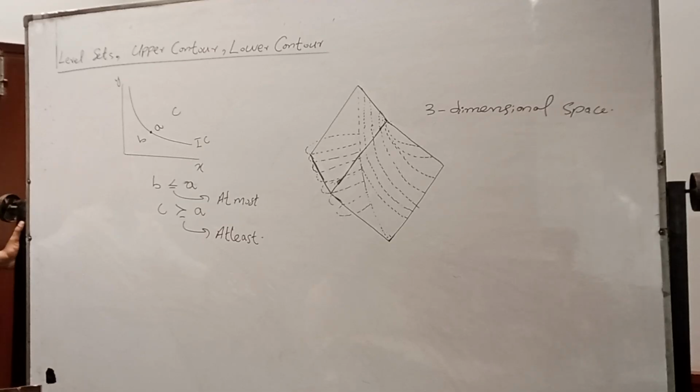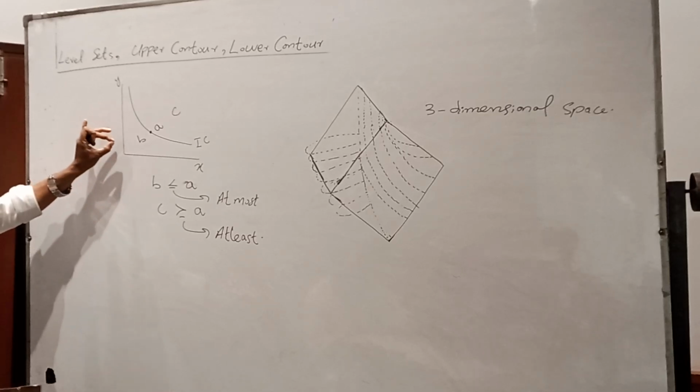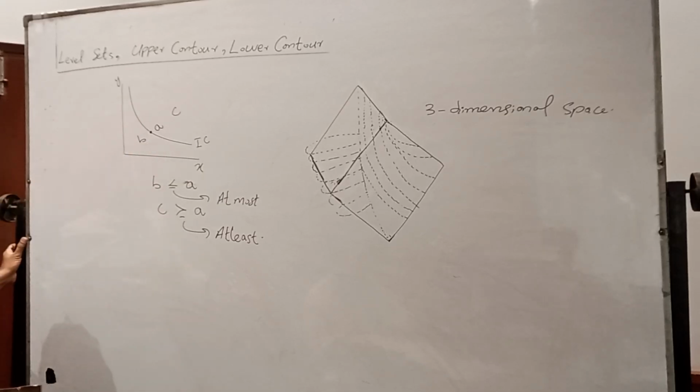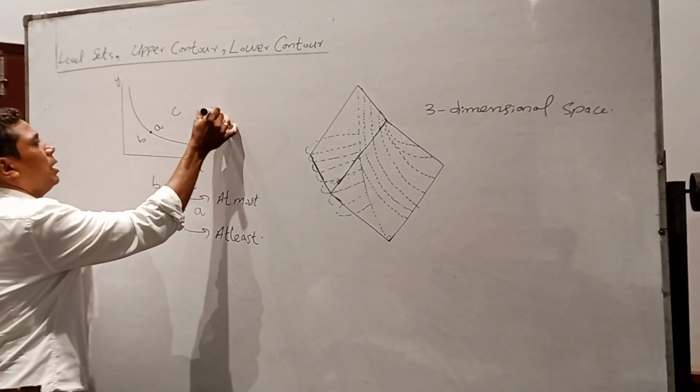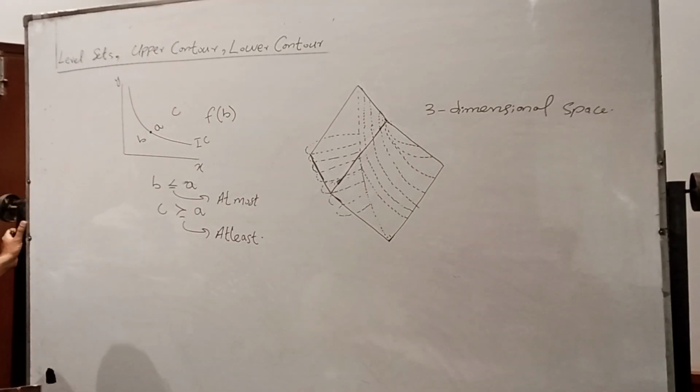Now, for example, let's say if we select any value along this IC curve, and we say that the functional value at B is at most equal to the functional value at A. I can say this one now.